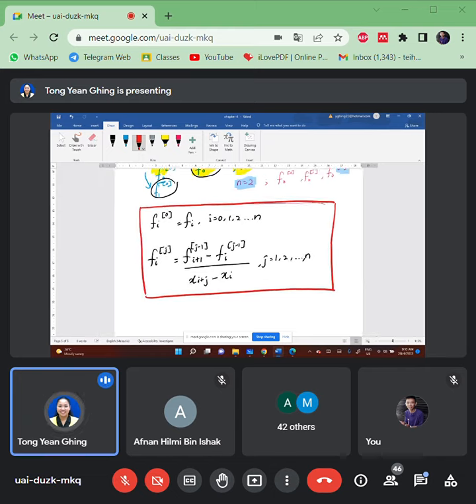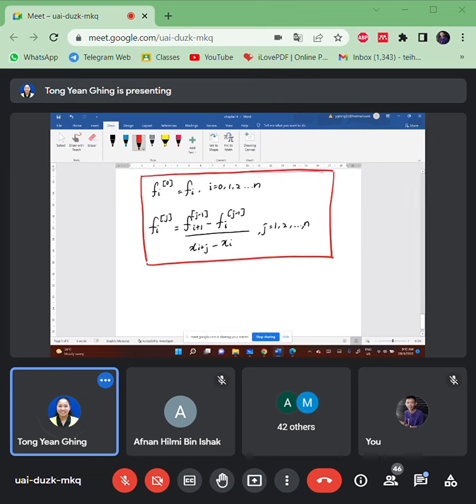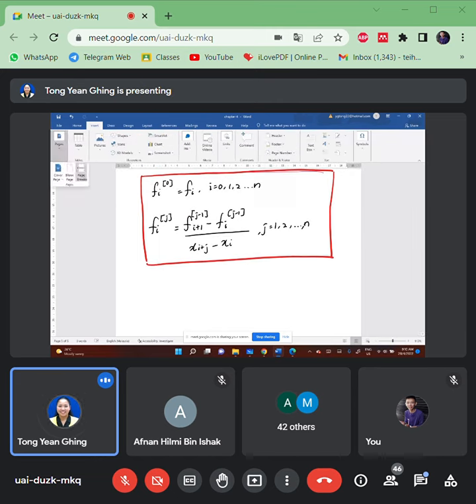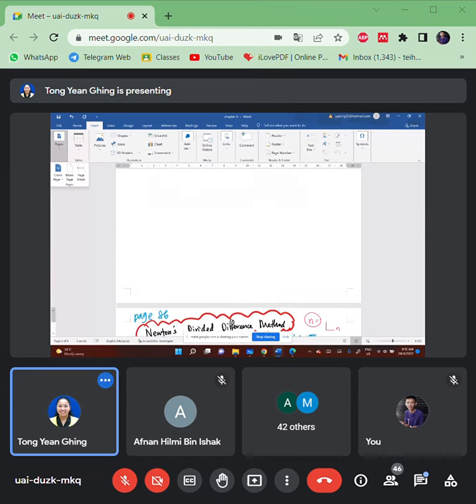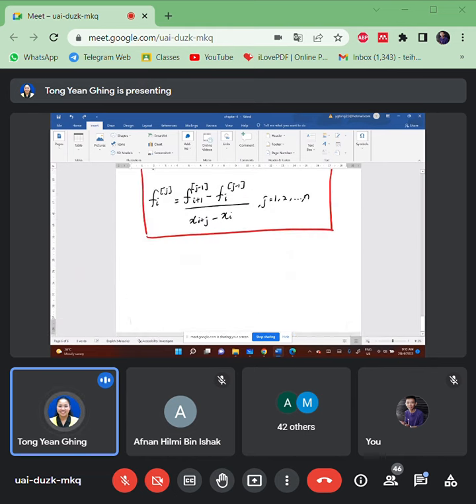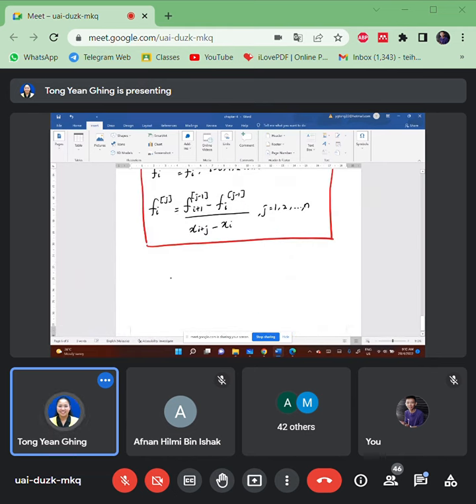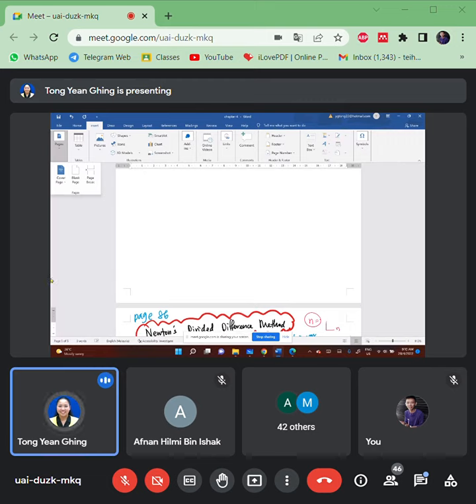So, let's say, insert page break. Alamak. Bukan. I want to have page break on bottom here. Tak juga. Kenapa lah dia pergi break sana?